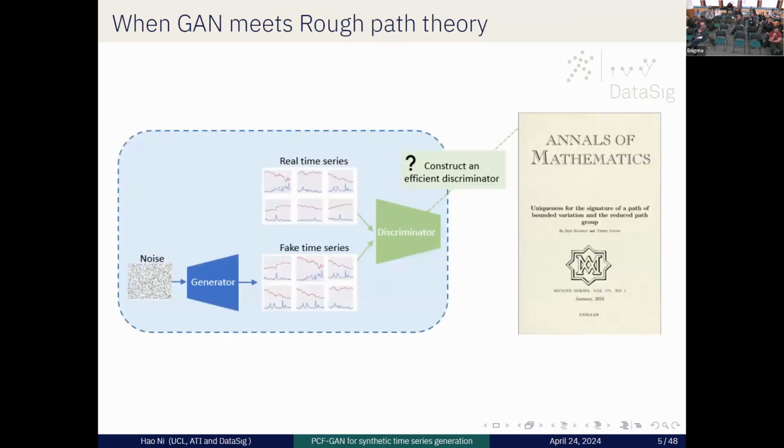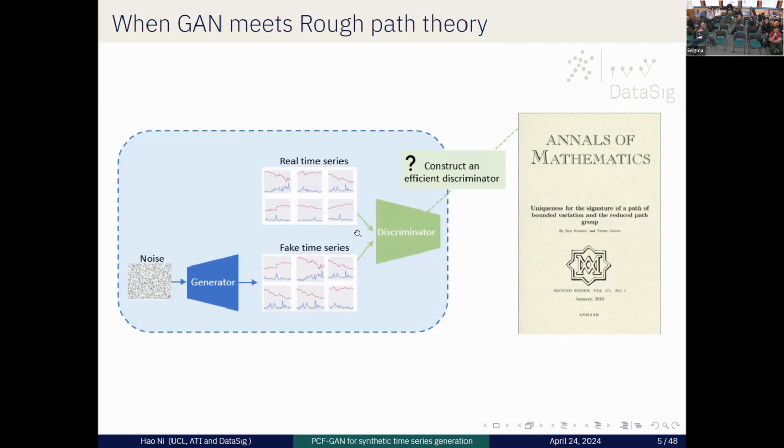To this end, we would like to improve the quality of the GAN model by innovating the discriminator. Our approach is to incorporate a more mathematically principled description of the distribution induced by time series. We will leverage rough path theory, a branch of stochastic analysis, to make the discriminator more effective for time series data.